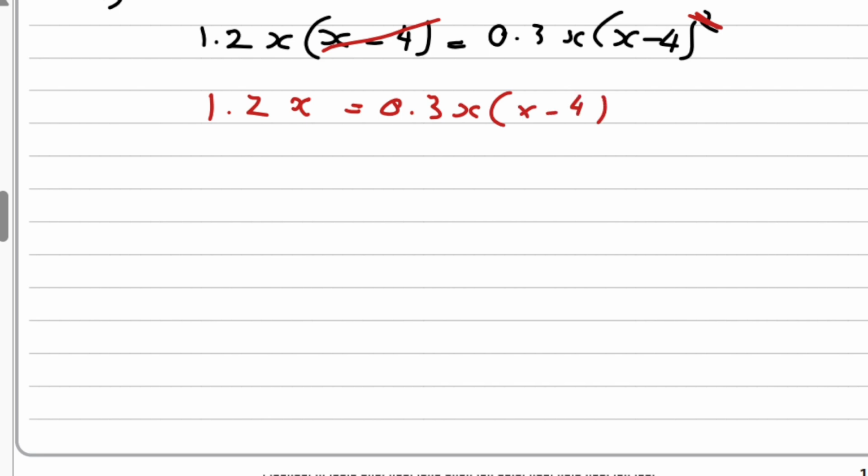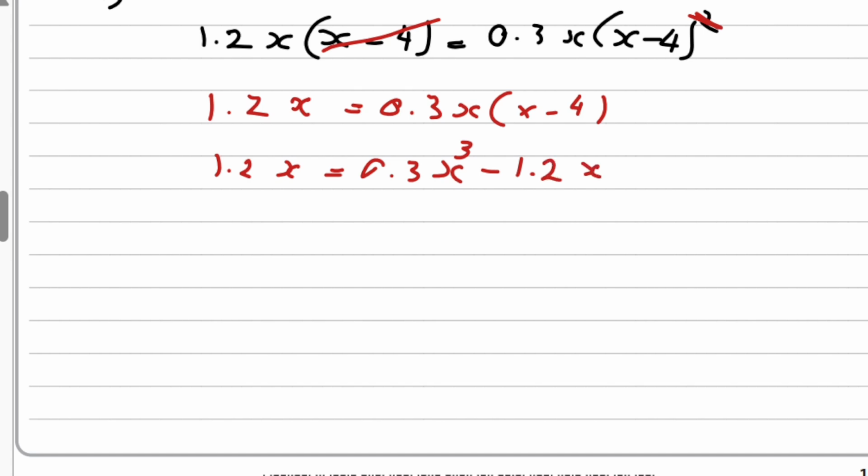Now, should we solve a quadratic here? I think we can. Let's first solve it without quadratic, and let's see if we will get a positive value. Let's just do quadratic. 1.2x is equal to 0.3x squared minus 0.3 times 4 is 1.2x.